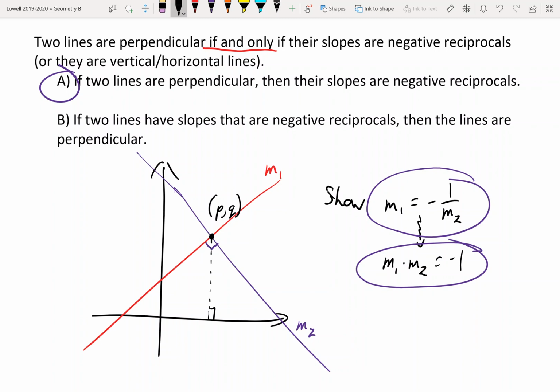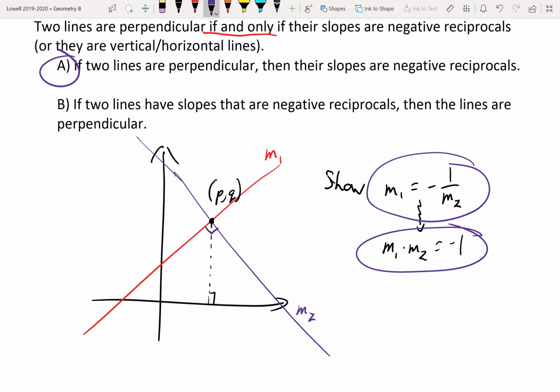If we remember from our exploration of right triangles months ago, once you draw this altitude down, you get a lot for your money. Since the altitude came from P, Q and dropped straight down to the x-axis, that altitude, that h, is actually equal to Q. So I'm going to write in Q for that length.